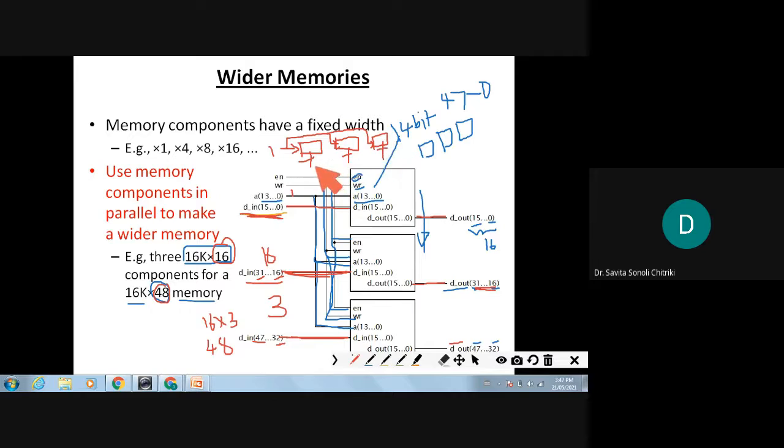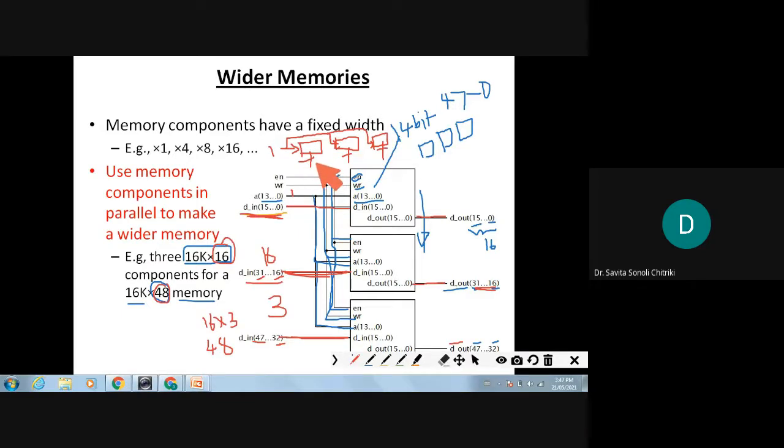Akash, tell me. When I specify address location 1, what data comes here? The same address line is connected to all three. What data will you get here?